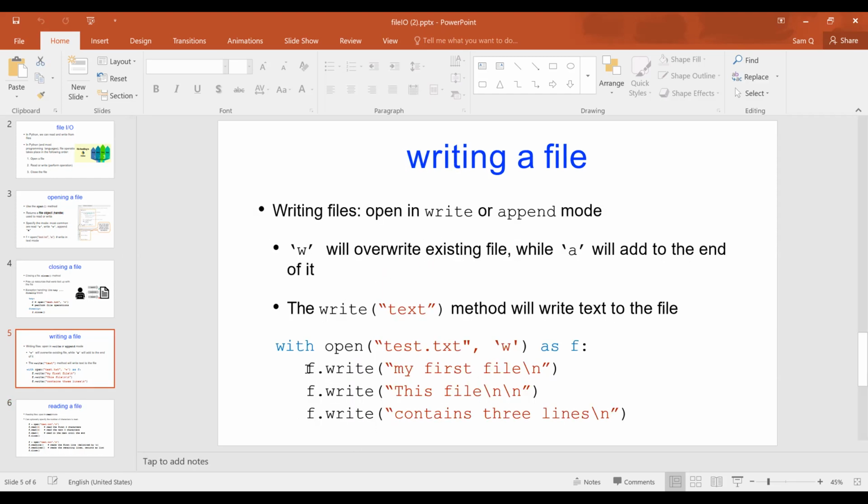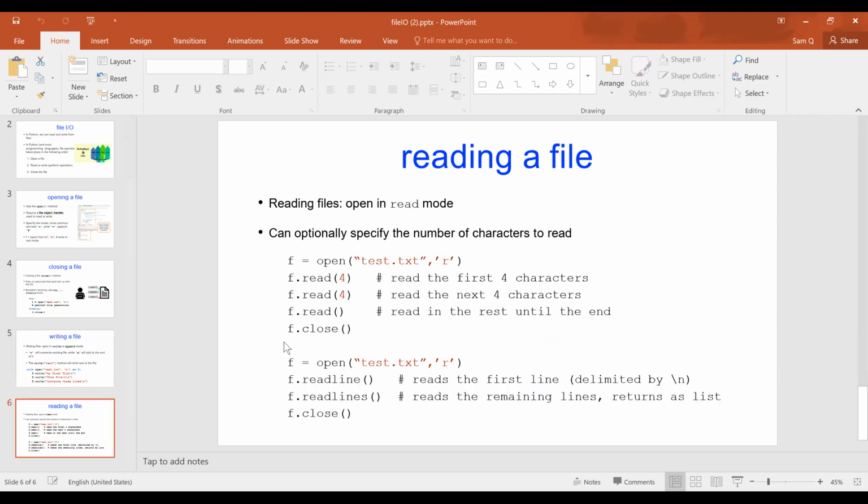By the way, this f.write is how you put a line into the file. And of course, you can open the file in read mode by specifying R, or by not specifying anything. Then you can say f.read(4). What does that mean? That will read the first 4 characters. By the way, when you do not specify anything, you are assuming you open the file in text mode.